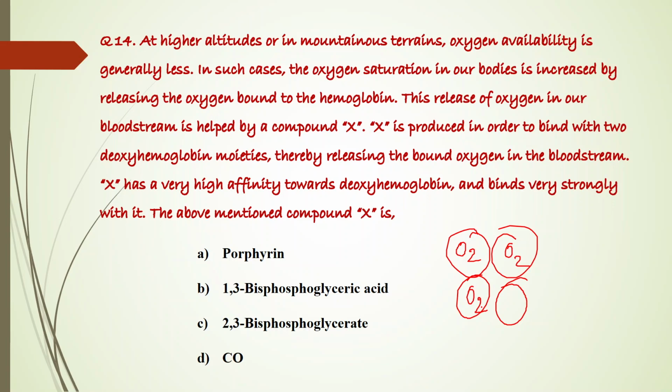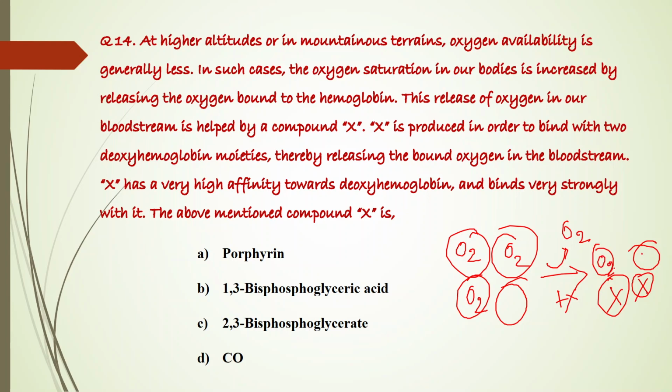So obviously that will be a problematic situation for you. Now the role of X comes into play. What does it do? It releases the oxygen molecule, okay, and say suppose binds in the subunit.